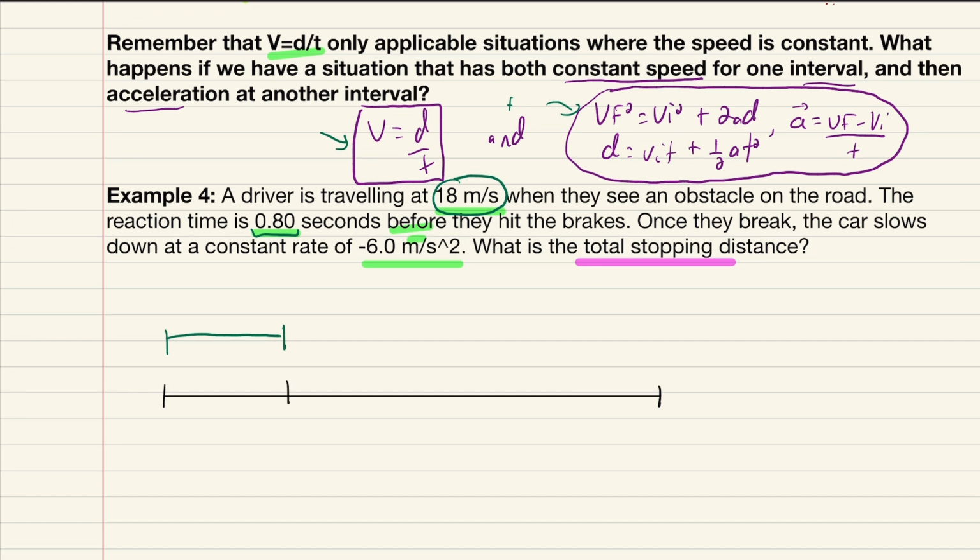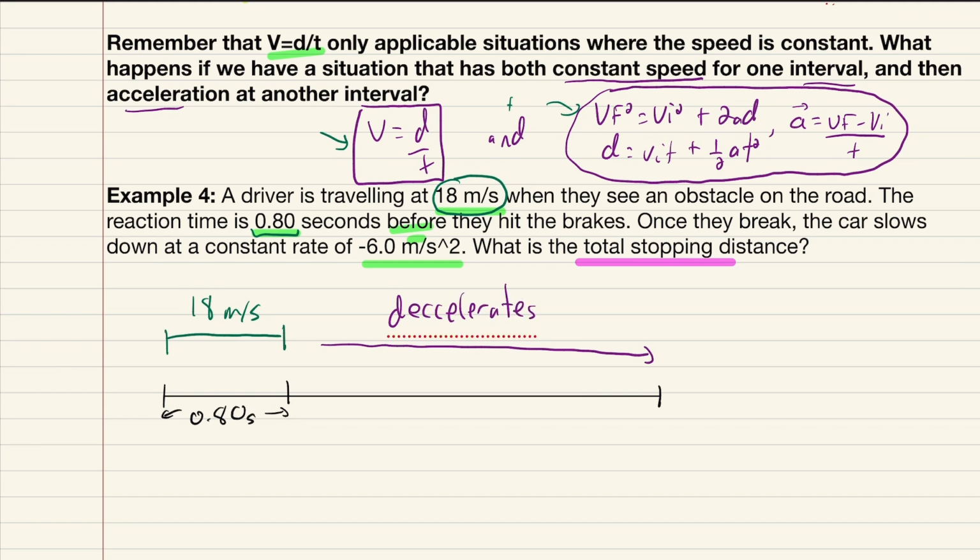For 0.8 seconds of that, from here to here, the speed is 18 meters per second. Then it slows down. So from here to here, it decelerates. And so we want to know what the entire stopping distance is from here all the way to here. This would be the entire stopping distance.